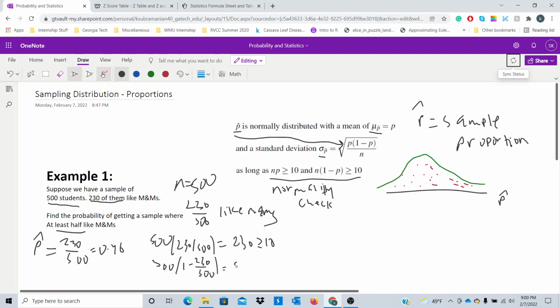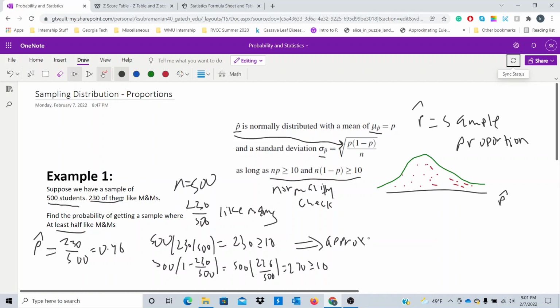That's going to equal 500 times 270 over 500, which equals 270, which is bigger than or equal to 10, right? So we see here that the normality checks pass, so we can say this sampling distribution is approximately normal.